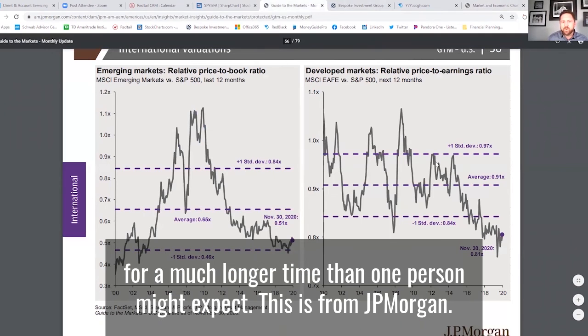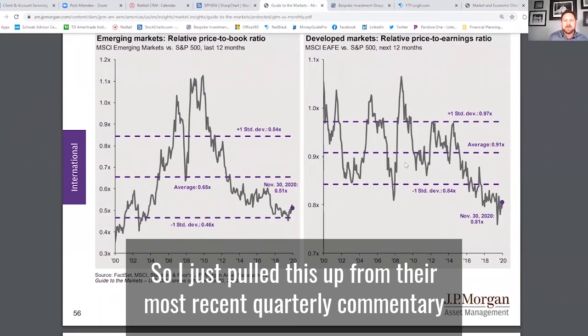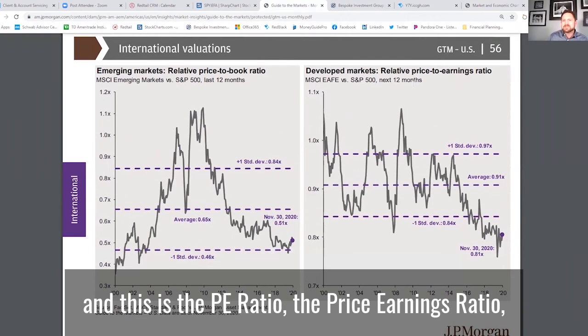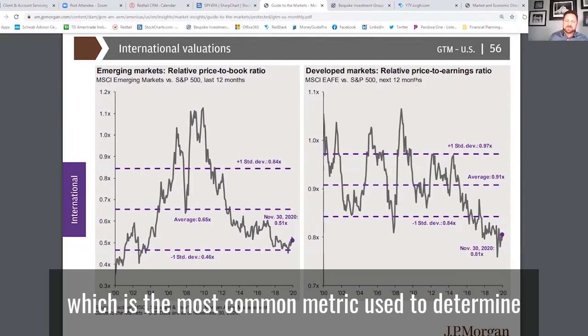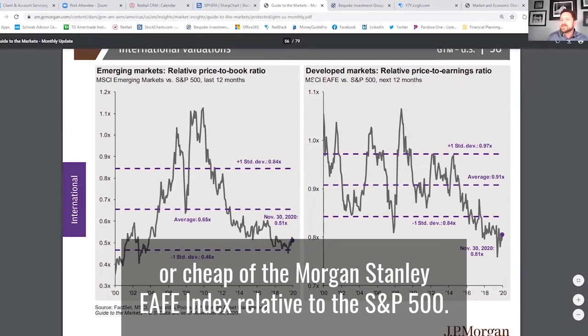And this is from JP Morgan. I just pulled this up from their most recent quarterly commentary. This is the PE ratio, the price to earnings ratio, which is the most common metric used to determine whether or not something is expensive or cheap, of the Morgan Stanley EFA index relative to the S&P 500.